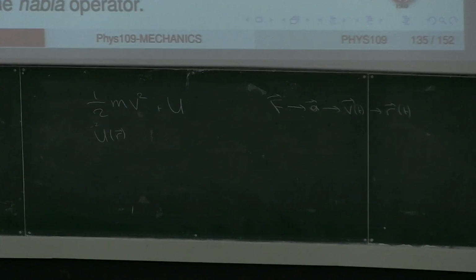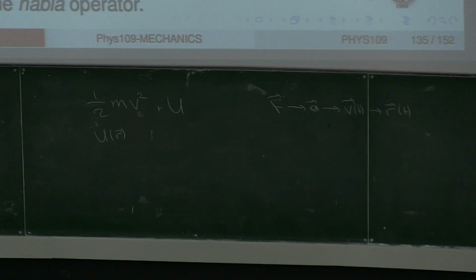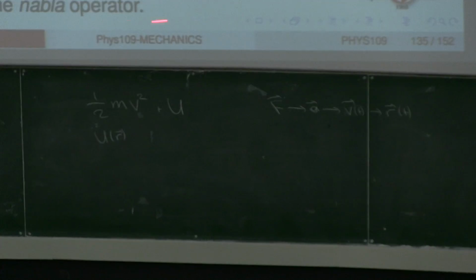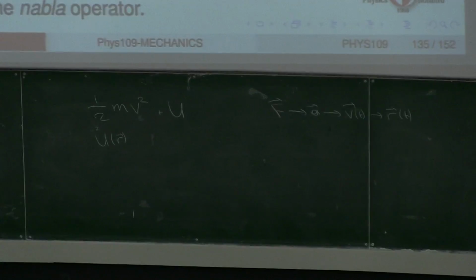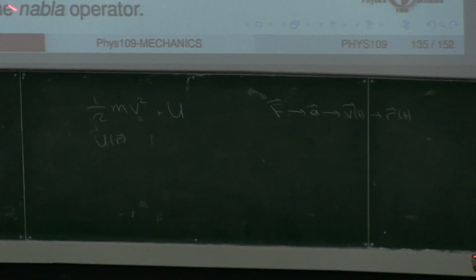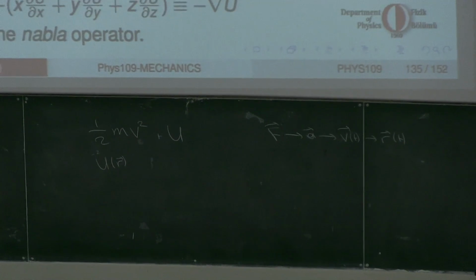So this is what this curly derivative means. And so, of course, you can calculate the y and the z derivatives. It will give you the forces in the y and the z direction. Now, this is just a shorthand notation for writing this whole thing. This is just a definition. Whenever you see this object, just know that it means this combination.